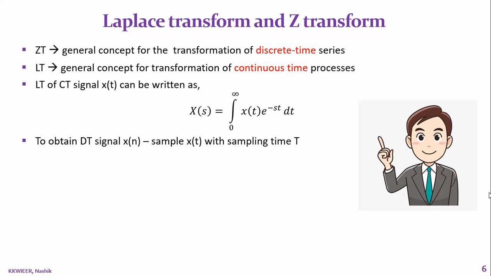To obtain the DT signal x of n, you have to sample the x of t with sampling time T. Now, here you can see that the Laplace transform is taken for the continuous signal, the CT signal.